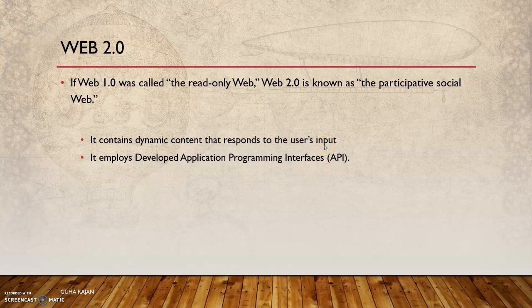Even in the ERP system, it is based on responsibility. A clerical person will have a different responsibility for his work, whereas a manager might have a different responsibility. So the content is dynamically changed, and it employs the concept of API, where you can use the API to interact with the web.